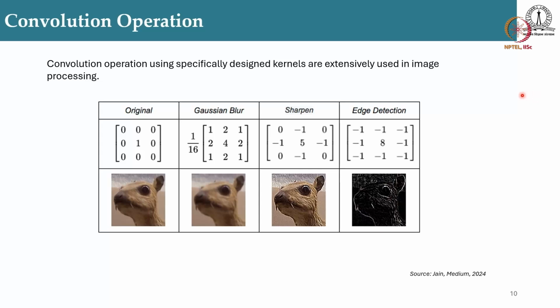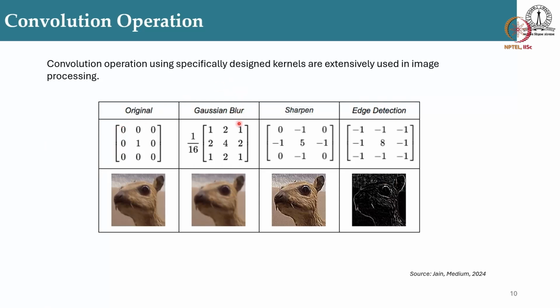Here are some examples of operators which can be convolved over an image to generate certain characteristics. As I have explained, if you take just a 1 at the center and the rest as 0, it will just recreate the original image, right? Because you are assigning weight only to that cell, which is placed back in the new matrix at the same location. It's like copying the original image and pasting it into a new matrix.